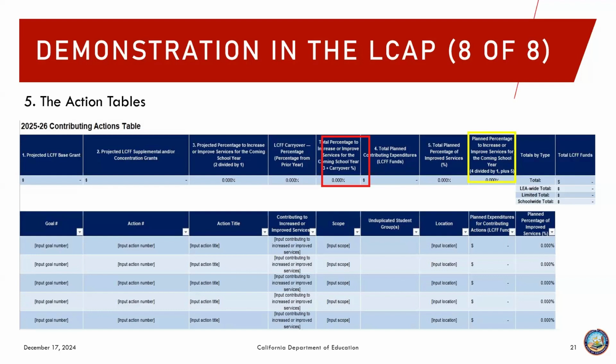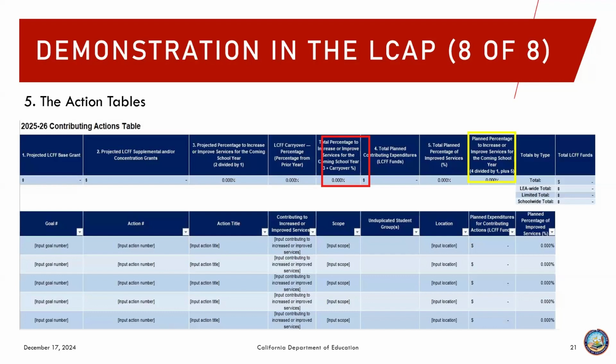And the simple test to see whether or not an LEA is demonstrating that it is increasing or improving services in proportion to the increase in funding generated by those students is to look at whether the planned percentage to increase or improve services, outlined in yellow, is greater than or equal to the total percentage to increase or improve services, which is outlined in red.